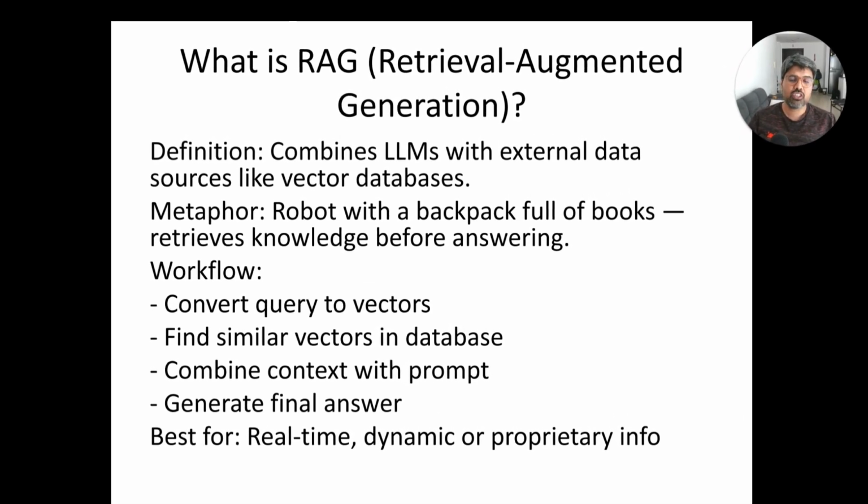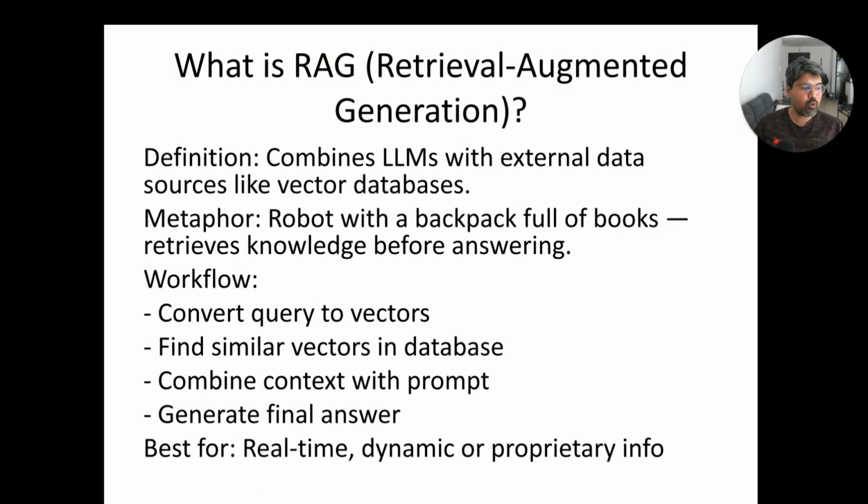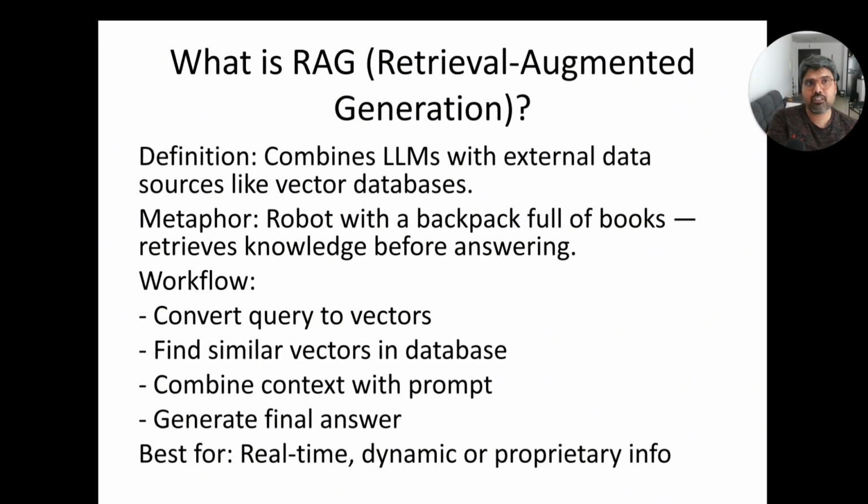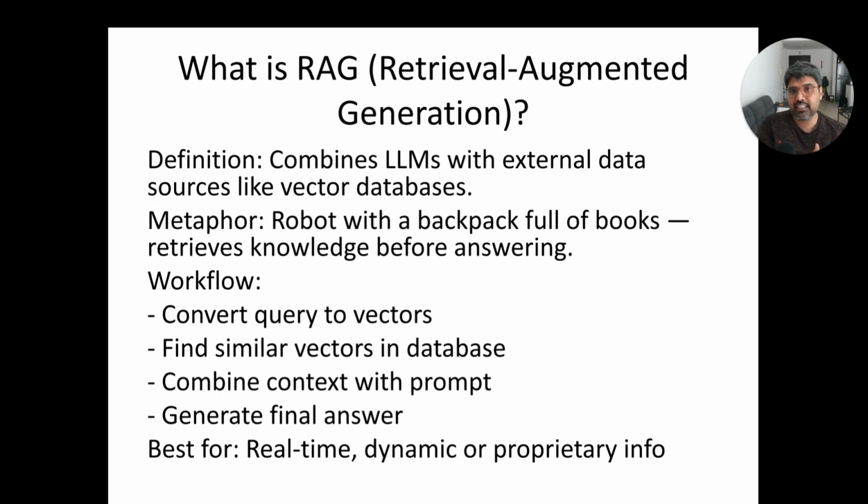Here you introduce vector databases, so you convert the query to vectors, and the database is also converted to vectors. Then there is a similarity match between the input query and the vector database, and according to that context, they combine this context with the prompt and generate a specific answer. This is how retrieval augmented generation works in a very simple way.